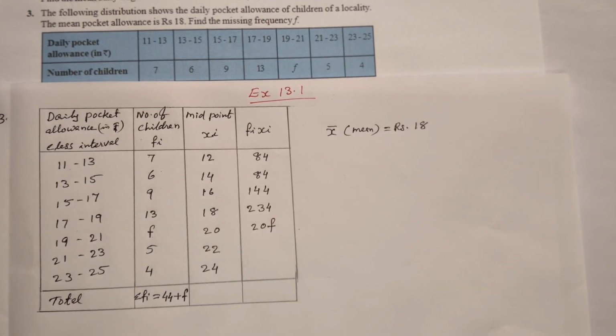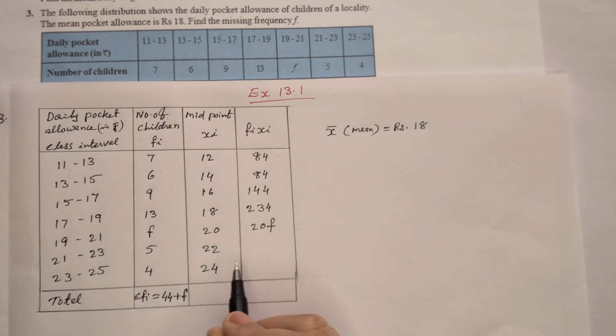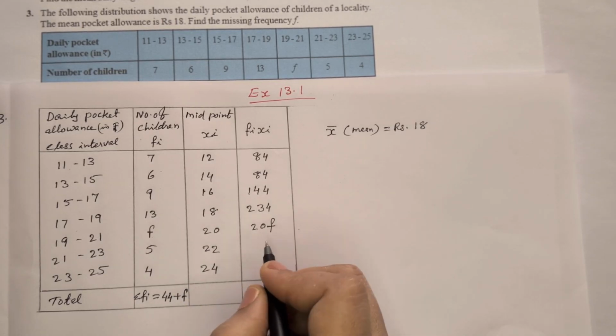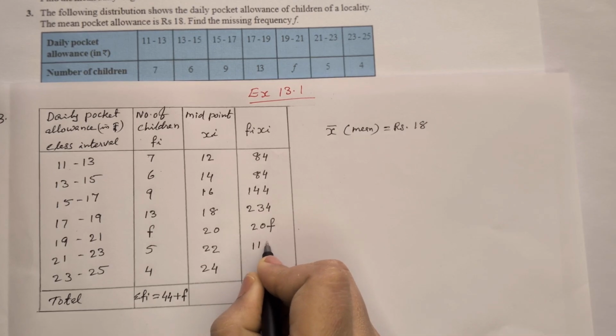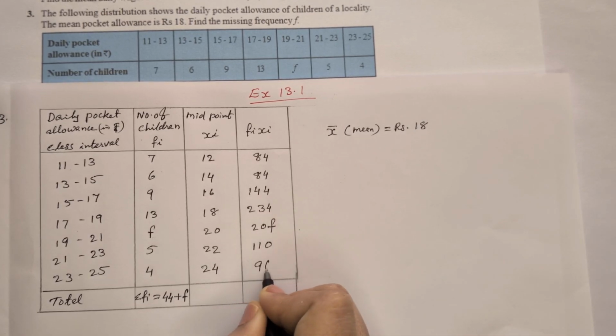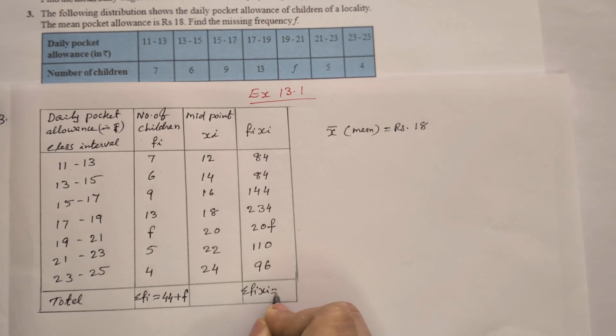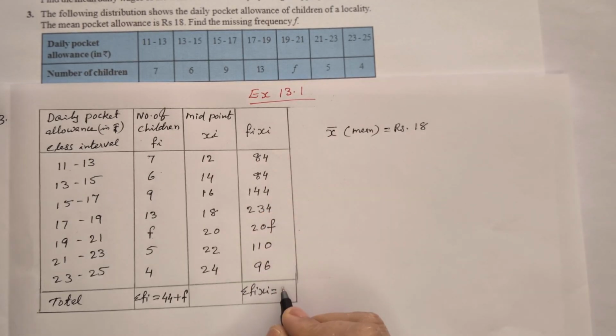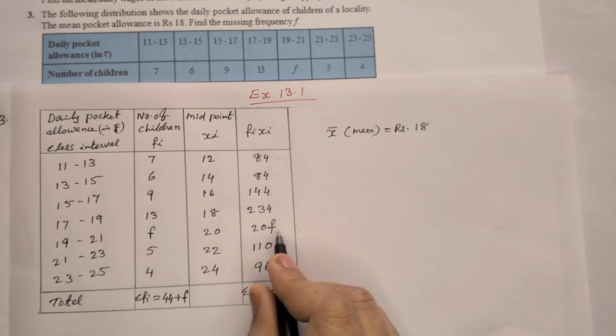Then next, 5 into 22, that is 110. 4 into 24, 96. Then when we add all these, sigma Fi Xi is equal to 752 plus 20F.